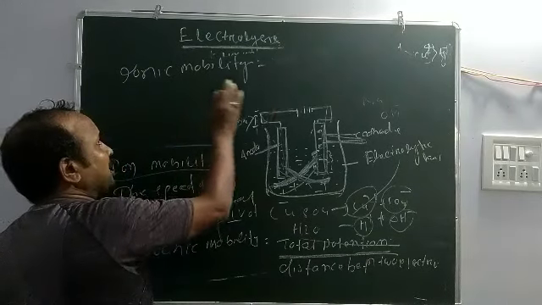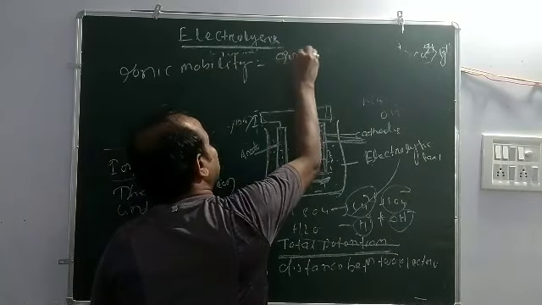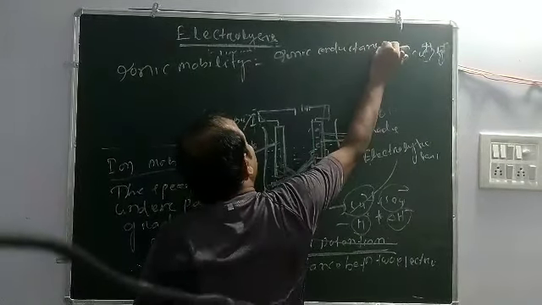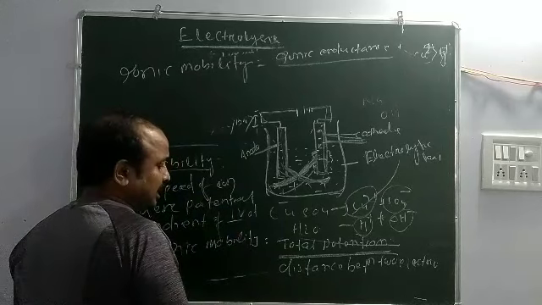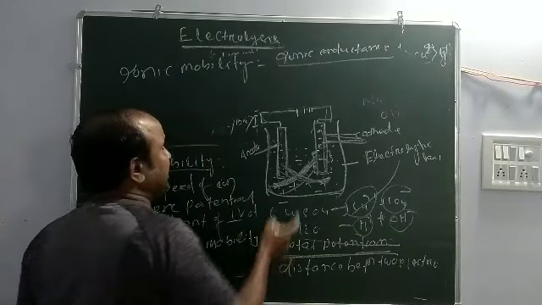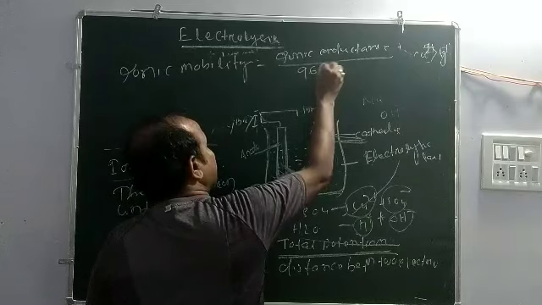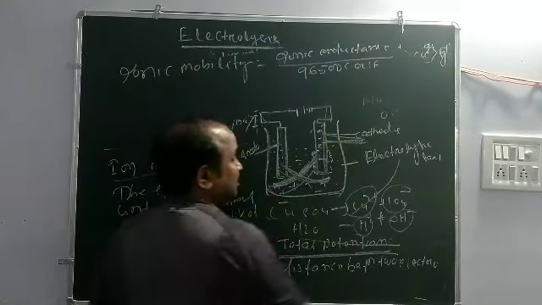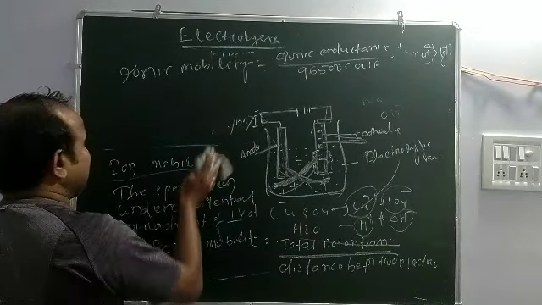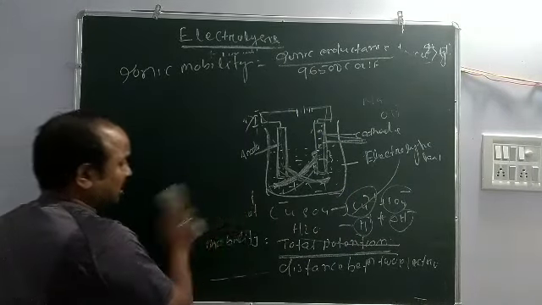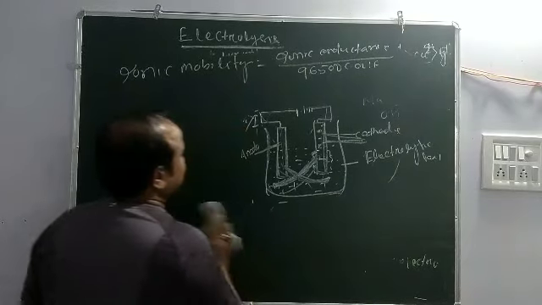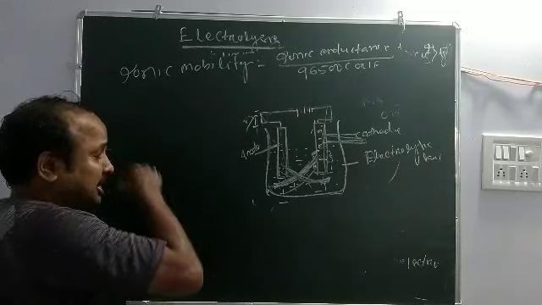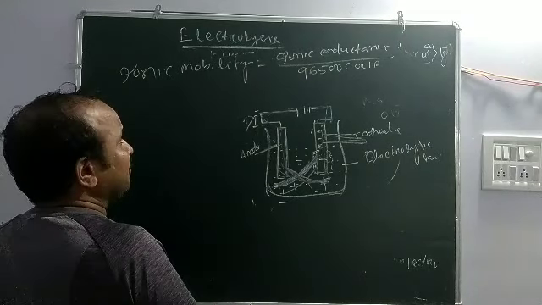But experimentally it is proved that the ionic mobility is the ionic conductance divided by 96500 coulomb, or 1 Faraday. Okay, the ionic conductance of the solution divided by 96500 coulomb, or 1 Faraday.